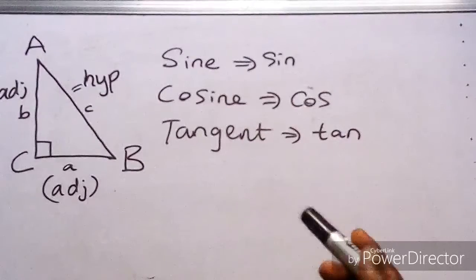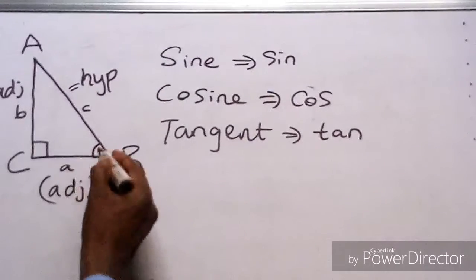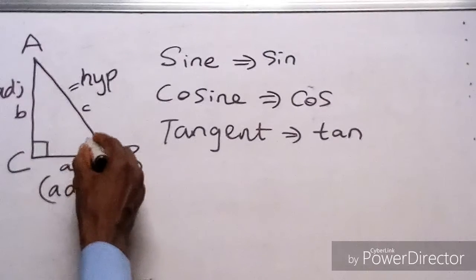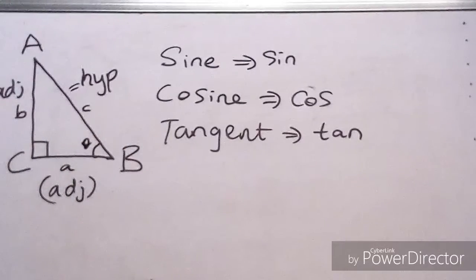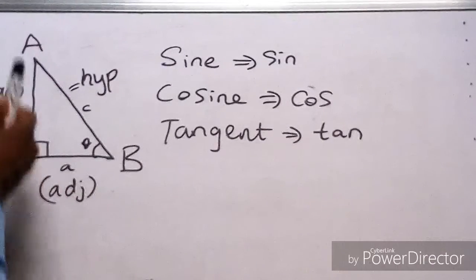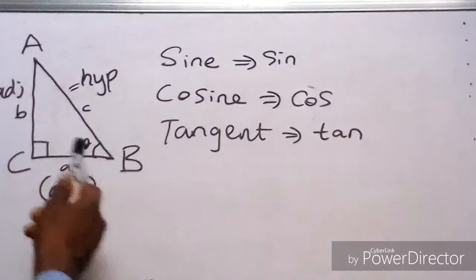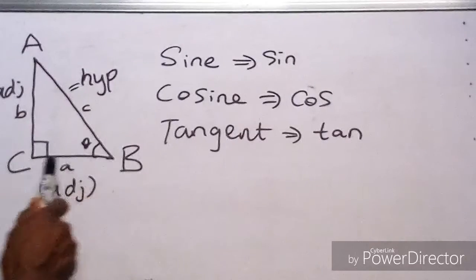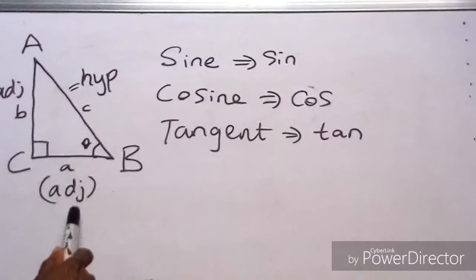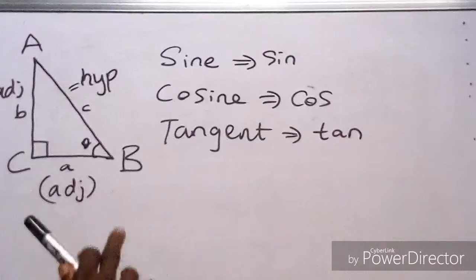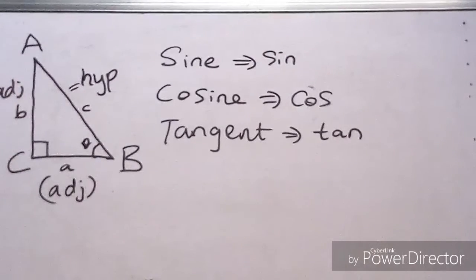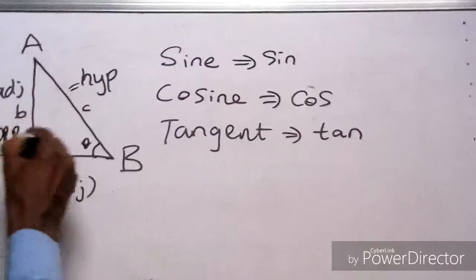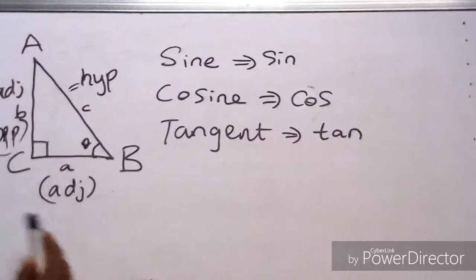If I'm considering angle B, which is here, with theta there, this side facing angle B is known as opposite to angle B, while this side that connects this end to the angle 90 is known as the adjacent of angle B. So if I'm looking at B now, this becomes my opposite, and then this is my adjacent.